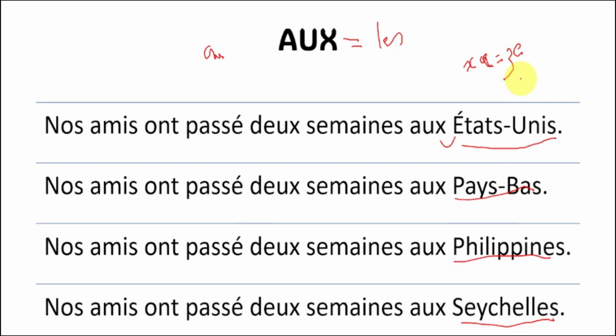Nos amis ont passé 2 semaines aux Pays-Bas. Nos amis ont passé 2 semaines aux Philippines. Nos amis ont passé 2 semaines aux Seychelles. Because when you take a look here, you're going to see the O is in front of this country and island.